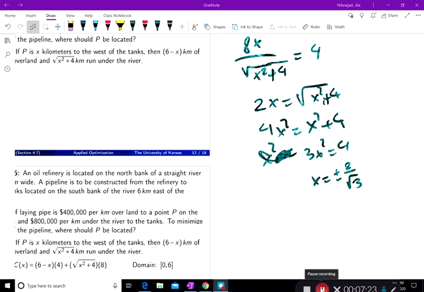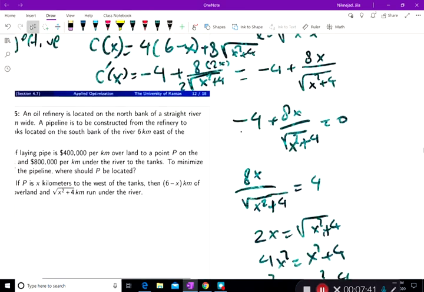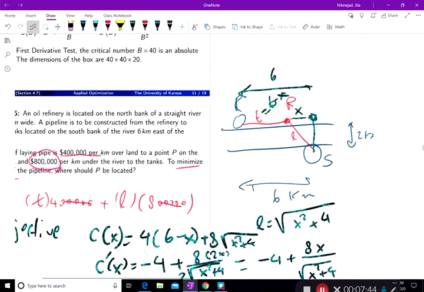Now we have these two critical values, but x equal to negative 2 over the square root of 3 is not acceptable, so the only one that is acceptable is the positive one. Now let's see what method we can use. What is the domain?